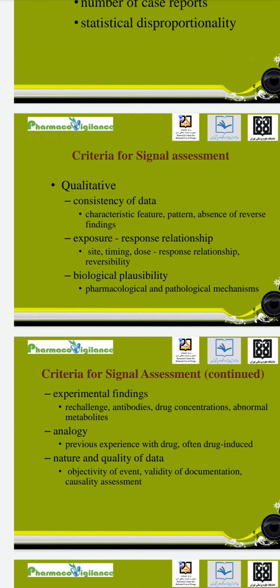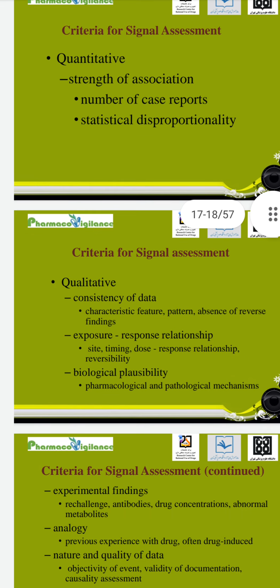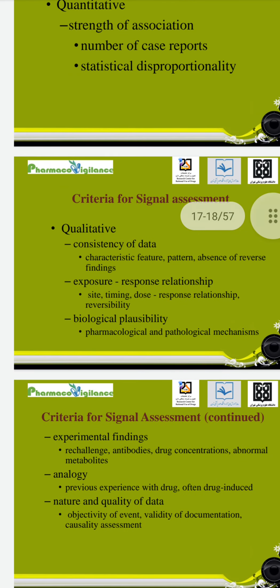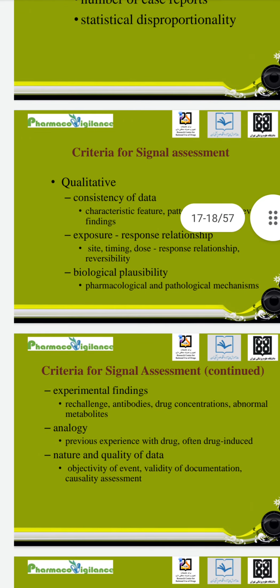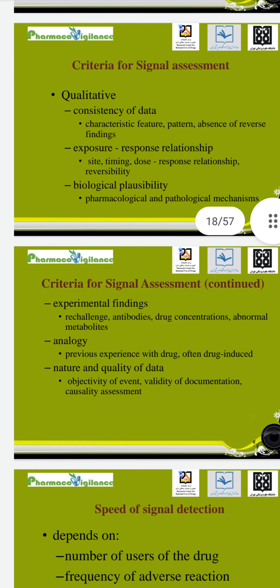Okay, again, the signal assessments may be quantitative by statistical or number of case reports, strength of association, or may be qualitative by characteristic feature, pattern, reverse finding, site of exposure, timing of exposure, dose response relationship, exposure response relationship, reversibility of the drug and the body, biological plausibility, pharmacological and pathological mechanism, experimental finding, rechallenge, antibodies, drug concentration, abnormal metabolites, analogy, previous experience with the drug, often drug induced.